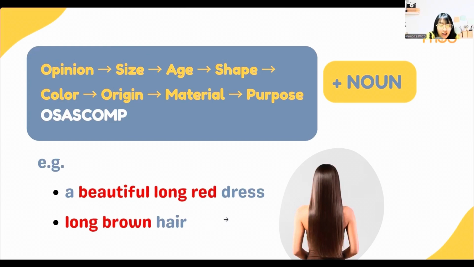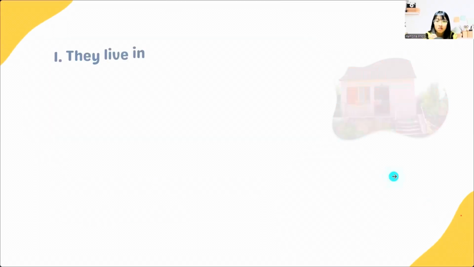I know it sounds crazy when you pile them all together, but most of the time you'll just use two or three. You don't have to use four or five adjectives all at once.